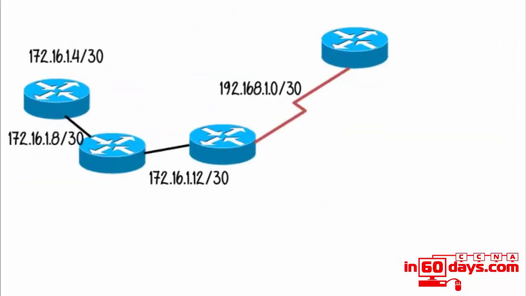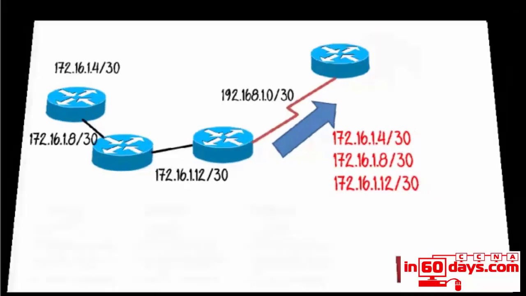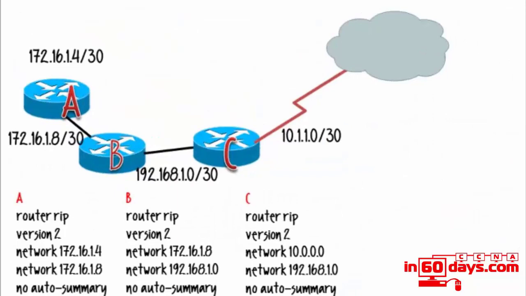If you don't want that to happen, you type the no auto-summary command and all of the available subnets would be advertised out. So do you want to do it? The answer is it depends on how you want your network to work and if you've got your network split on one side of a major network boundary or not.